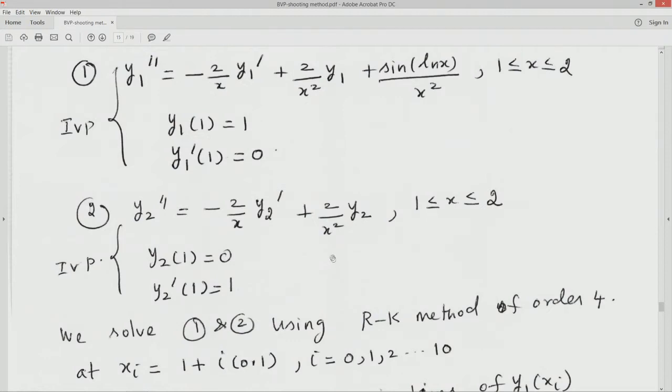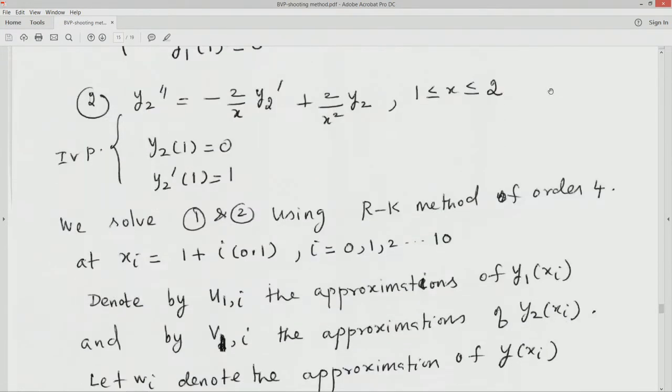So, what do we have to do? We have to divide the interval 1 to 2 into a number of equal subintervals. So, let us divide the interval into 10 equal subintervals. What is the width of each subinterval? It is going to be 2 minus 1 by 10.